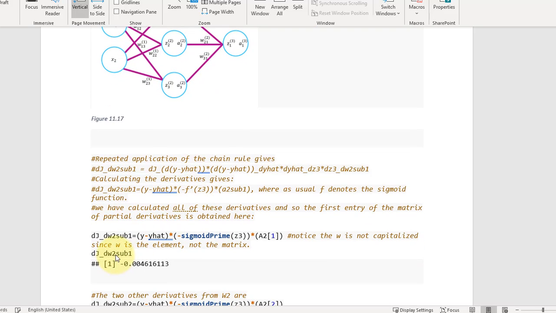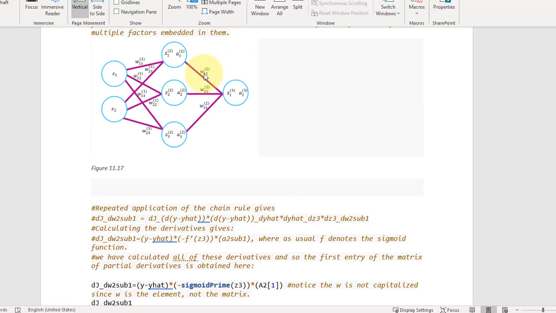We're going to subtract this from the weight to get the new weight. Let's ignore the learning rate for now. Subtracting a negative means adding it. So whatever it is, that's how the gradient descent algorithm is telling us to adjust this weight to get a new weight.